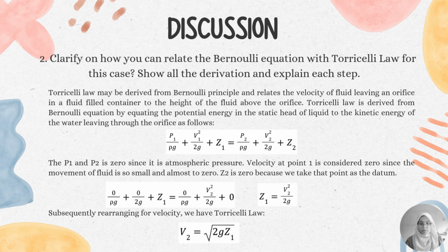P1 and P2 are zero since it is atmospheric pressure. Velocity at point 1 is considered zero because the movement of fluid is so small, almost zero. Z2 is zero because we take that point as a datum. Subsequently, rearranging for the velocity, we have Torricelli law, which is v equals square root of 2gz.